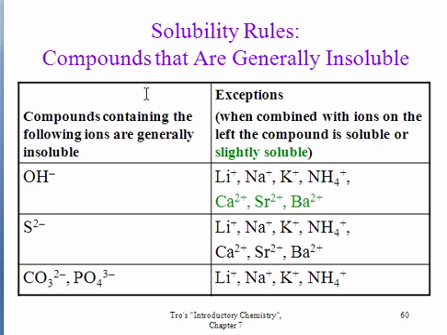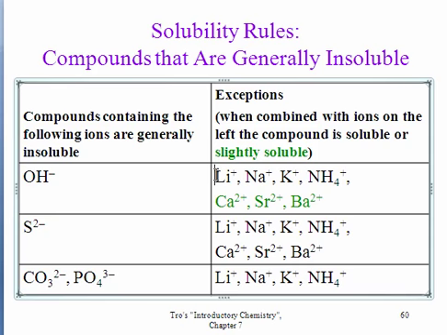Now let's look at some solubility rules for ions that are generally insoluble. And notice these are all cations. Hydroxides are generally insoluble unless they're with these three, which makes everything soluble. And then our middle three, the alkaline earth metals calcium, strontium, and barium, are slightly soluble.